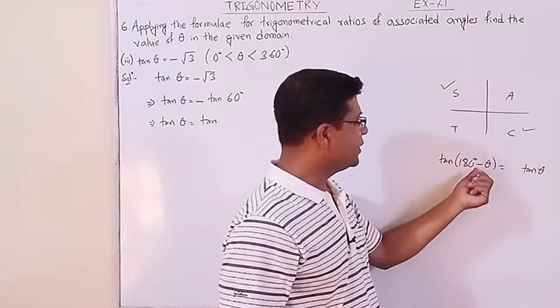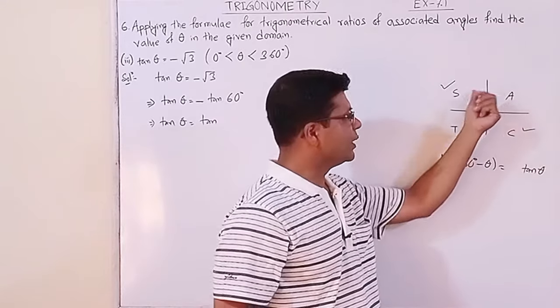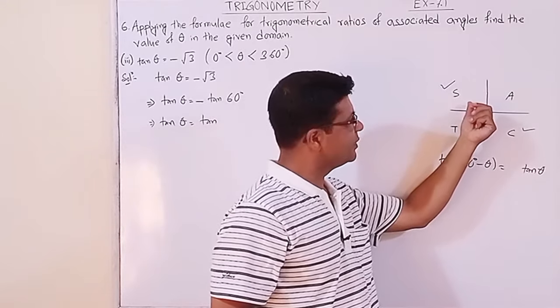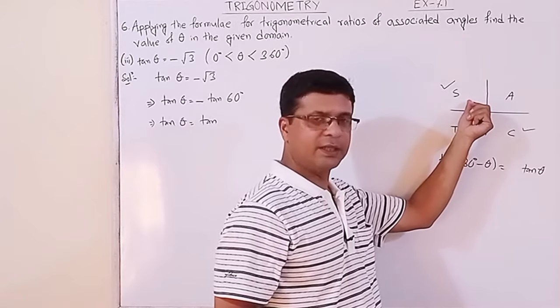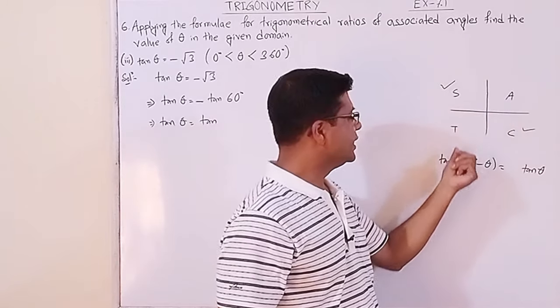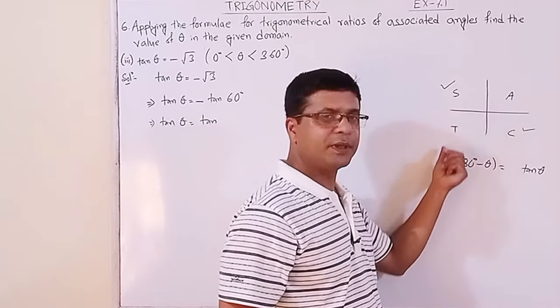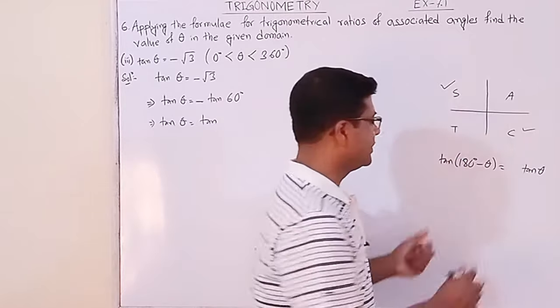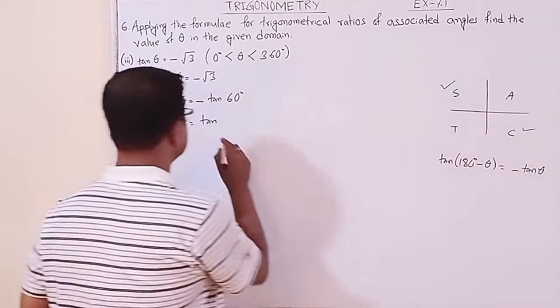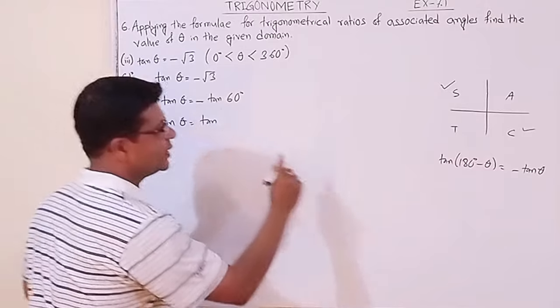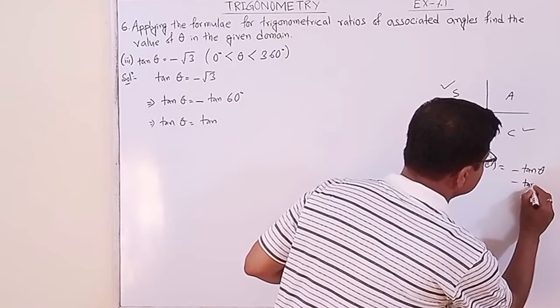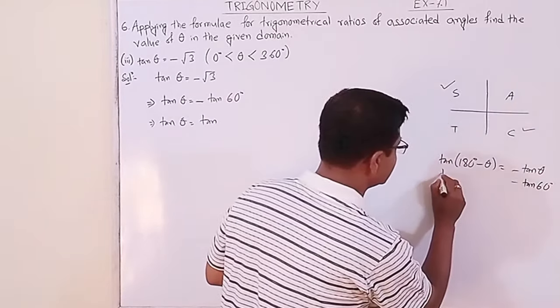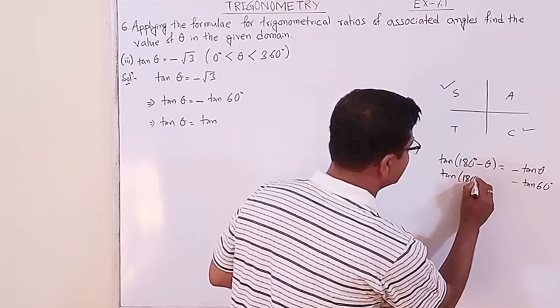As we have written 180 minus theta, that means 180 is this much, and minus theta means a little bit above it here in the second quadrant. In the second quadrant, is tan positive or negative? You can see tan is negative, so minus tan of 60 degrees. If it is minus tan 60 degrees, we write it as tan of 180 minus 60 degrees.